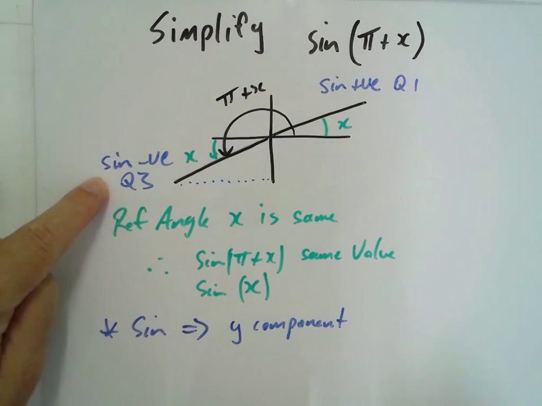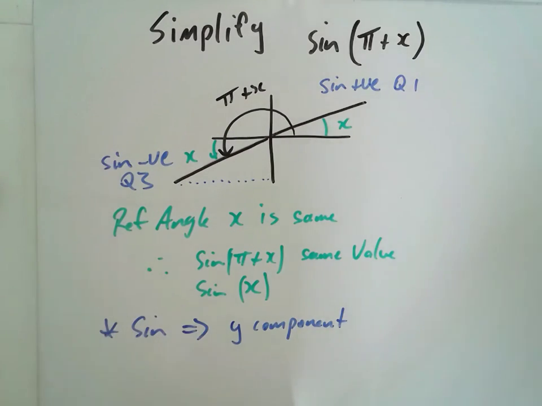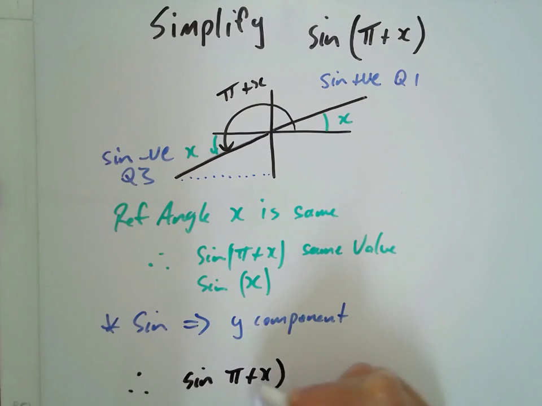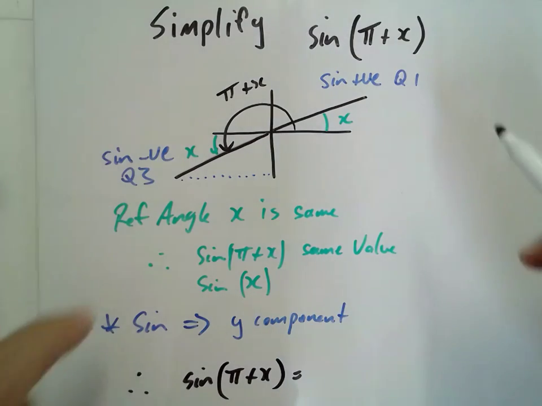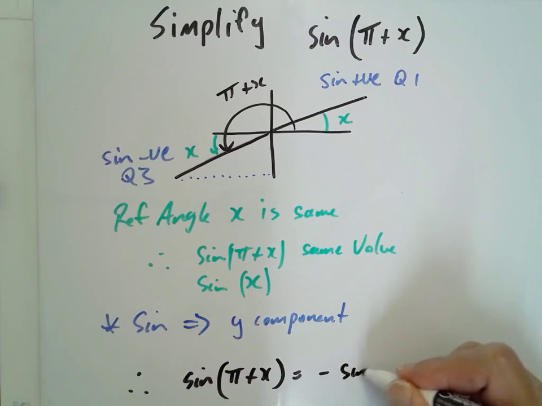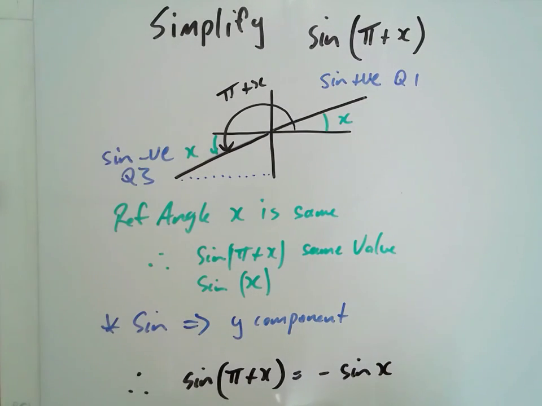Because it's negative in quadrant 3, we can put our answer and say simply, therefore sine pi plus x is the same as, because that's positive and that's negative, we're going to say negative sine x.